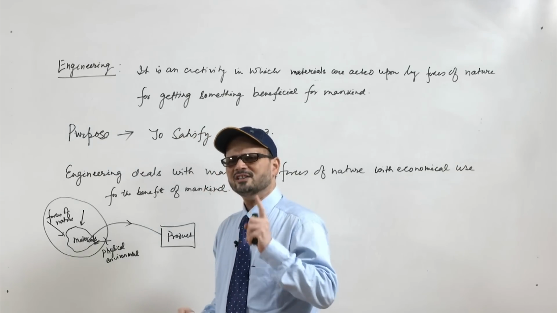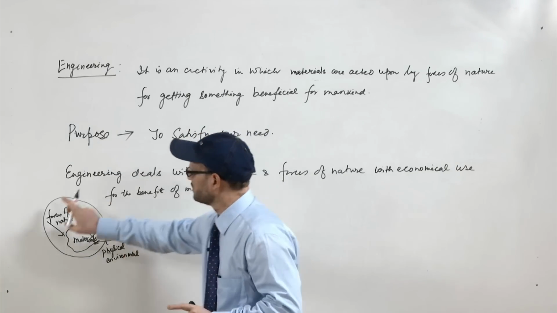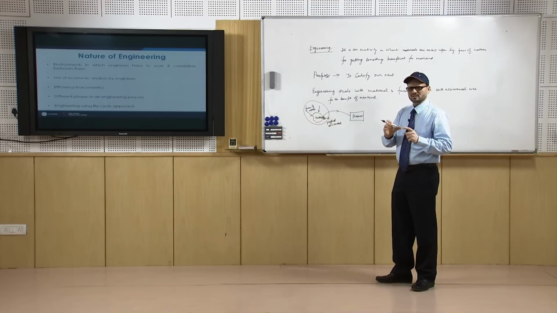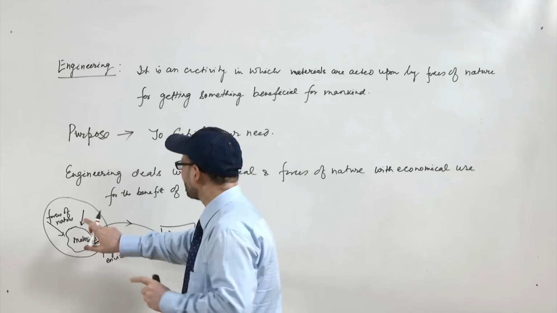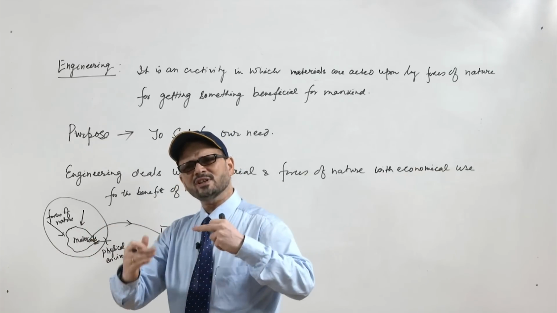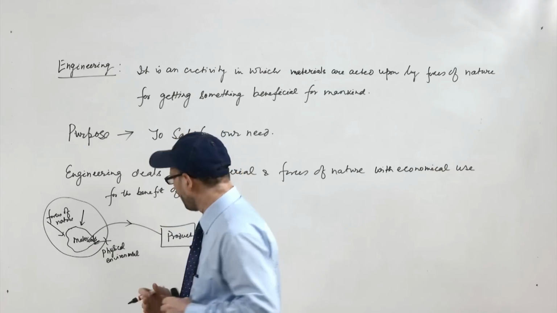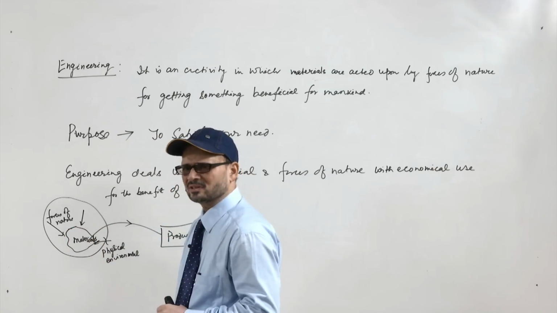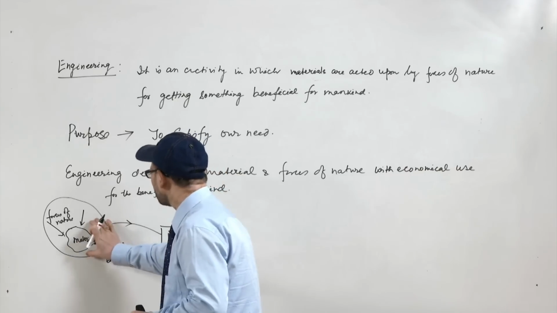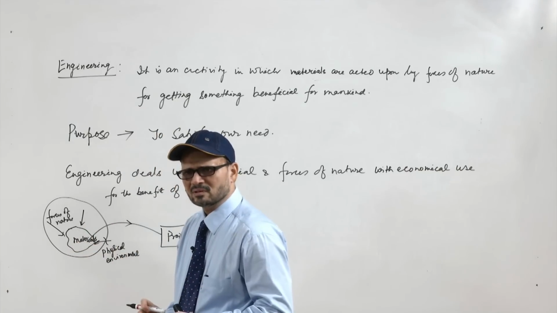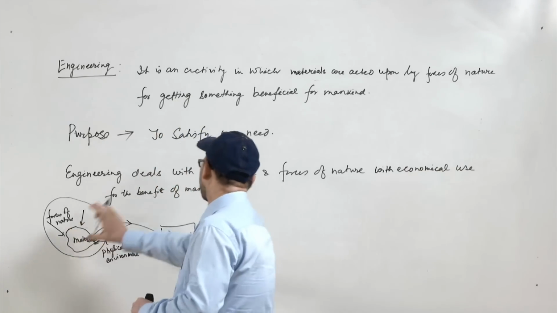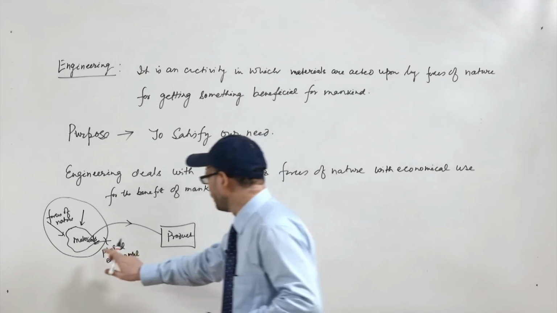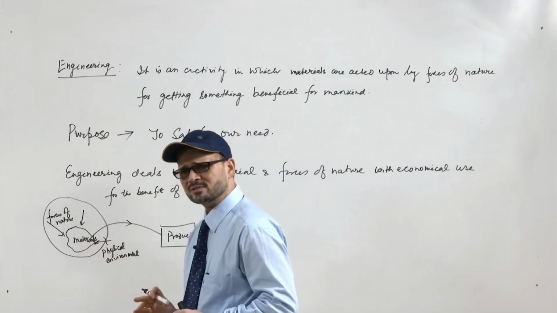Engineers are typically concerned with this environment. Their main job is to see how they can utilize the different laws, transform and alter the physical environment, and give a product. So, this is the physical environment.